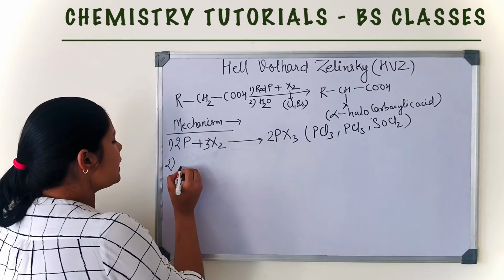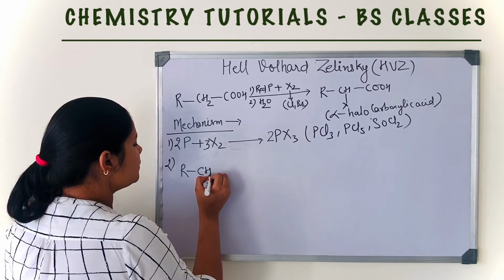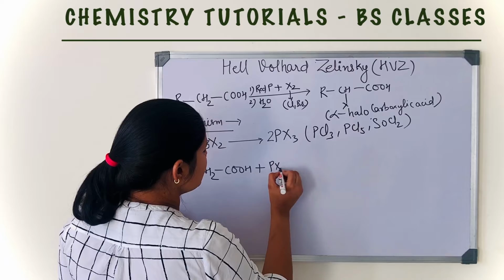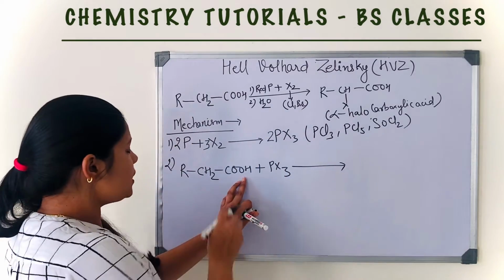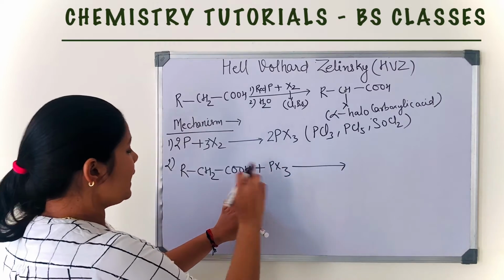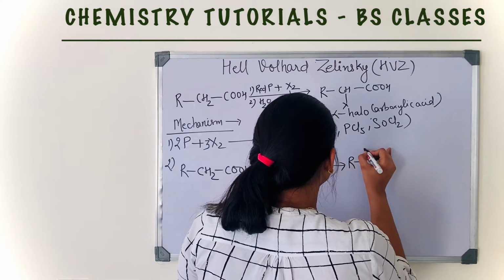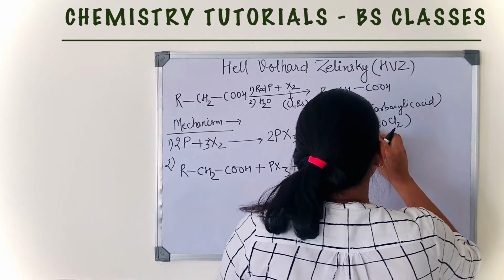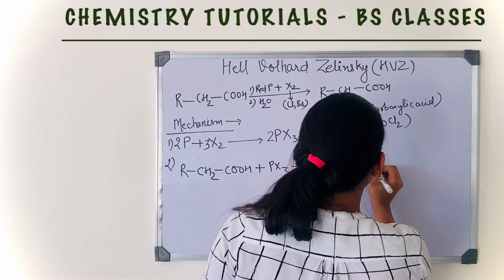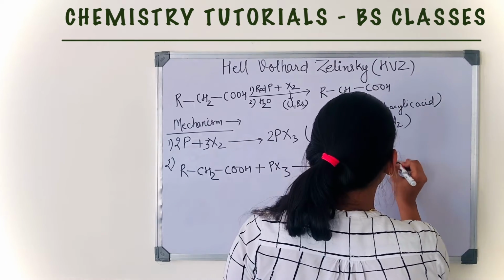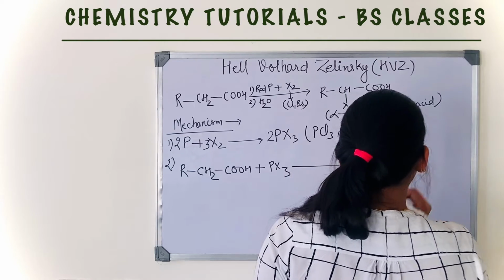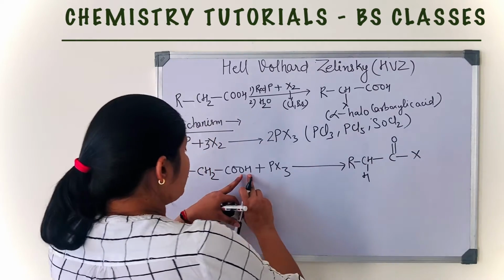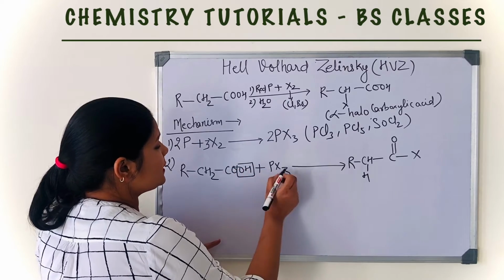Now, if this acid reacts with PX3, then the OH is completely replaced by halogen and we will get the acyl halide.